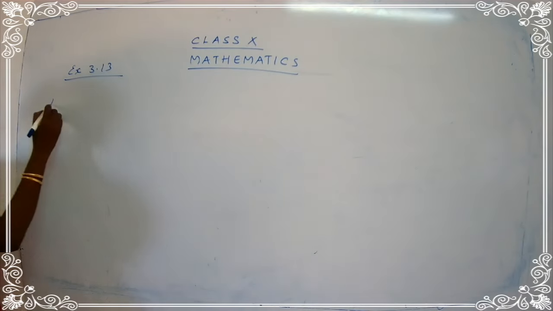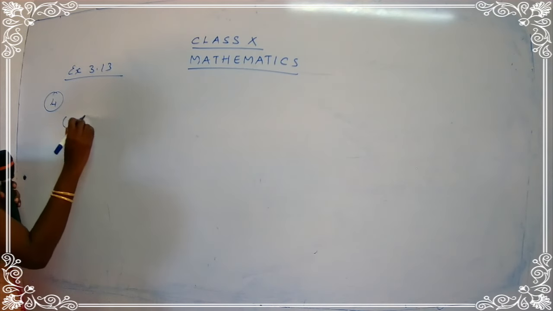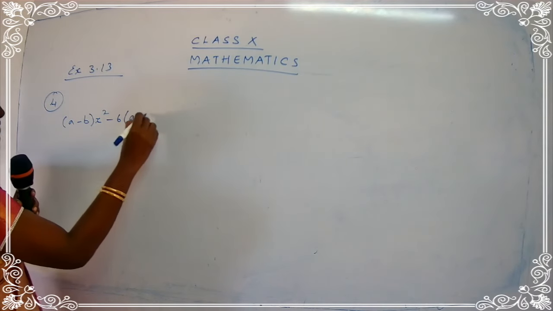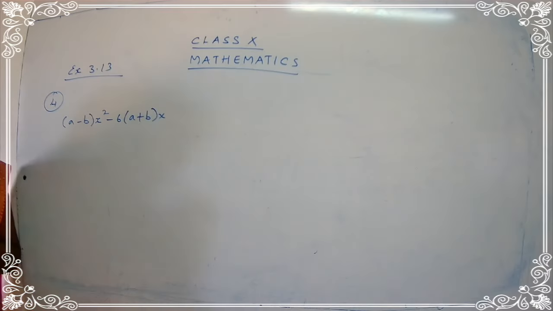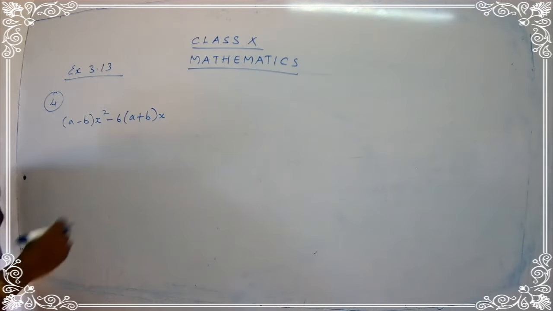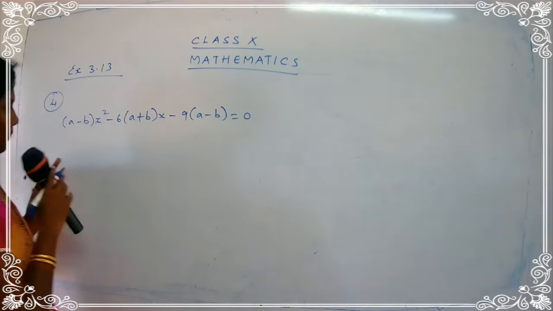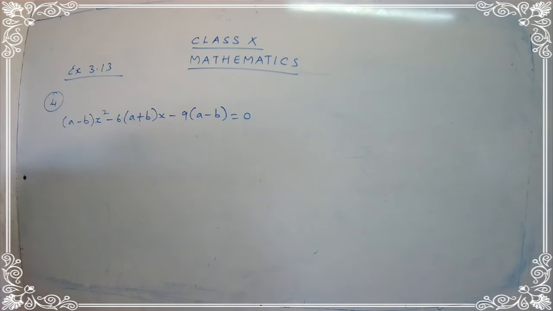So the equation is (a minus b) x square minus 6(a plus b) x minus 9(a minus b) is equal to 0.